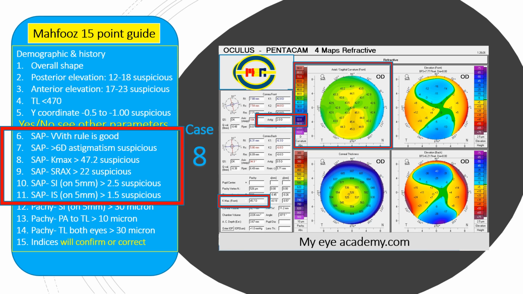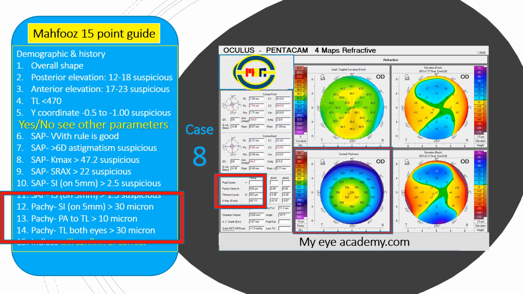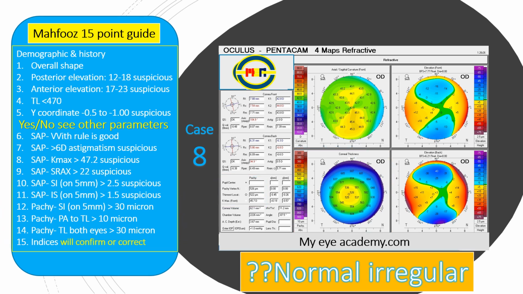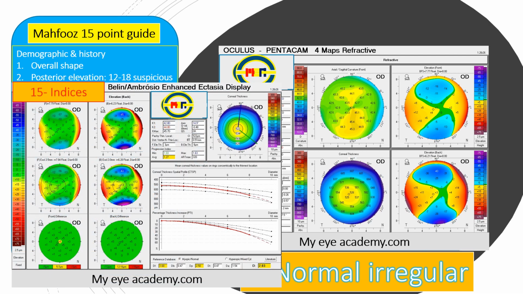Look at that. All the SAP parameters are within the normal range. All the Pachy parameters are within the normal range. So this is perhaps a normal cornea with slightly irregular anterior surface. Let's confirm it with the indices. Look at that. All the indices are in the white or yellow range.